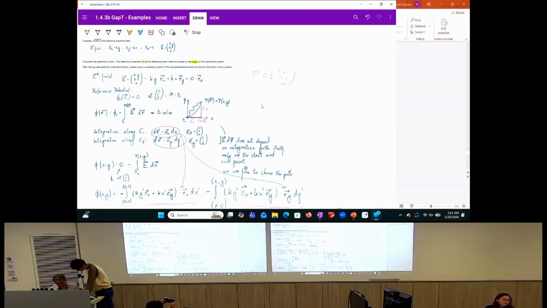You can pick any description of an electrostatic field, but you have to verify whether whatever you put in here is also representing a conservative field.